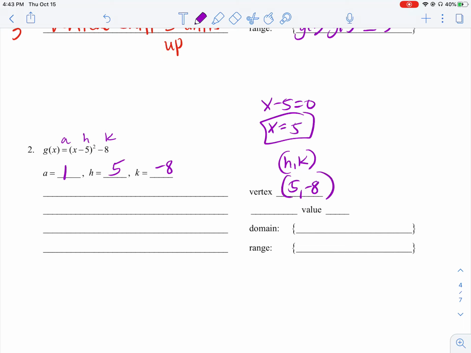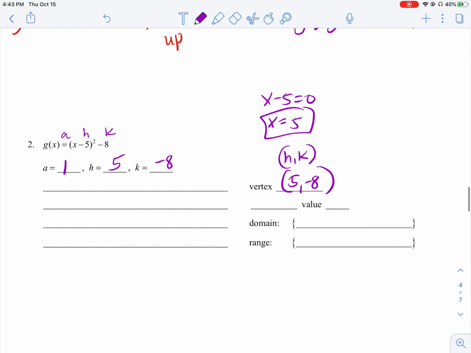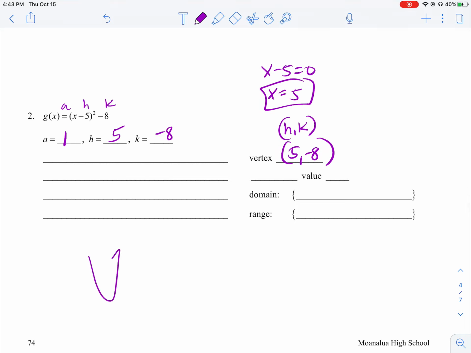And then I have to identify, is this graph facing up or facing down? Because our A is positive, our graph is facing up. Okay, so let's describe the sign of A. The sign of A is a positive 1, so we will say no reflection across the x-axis.